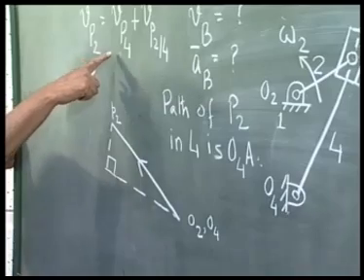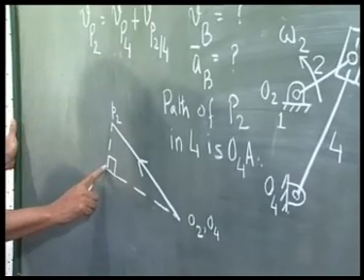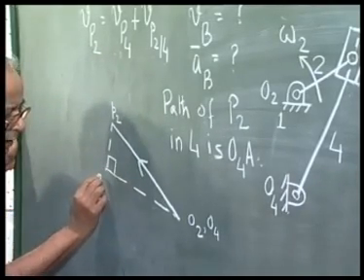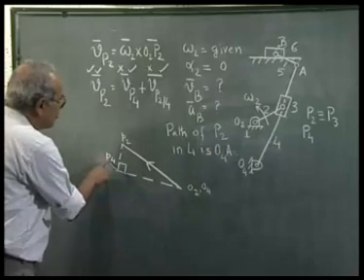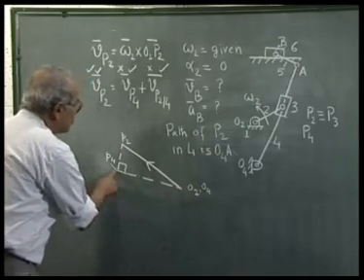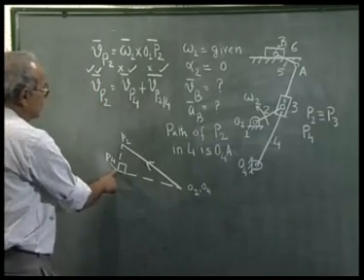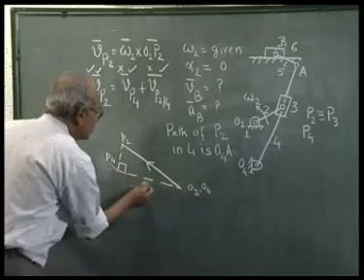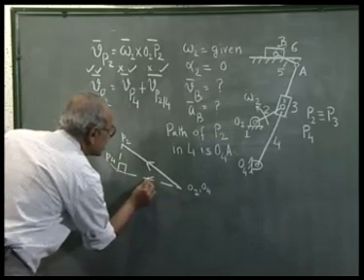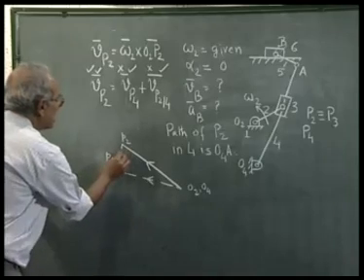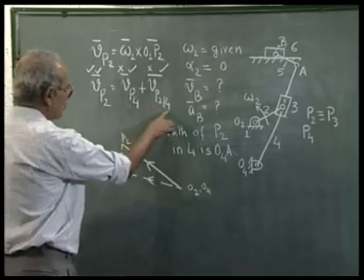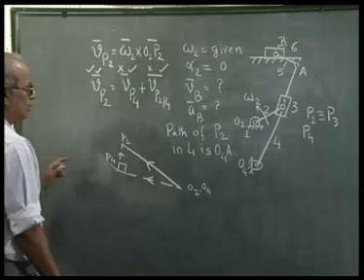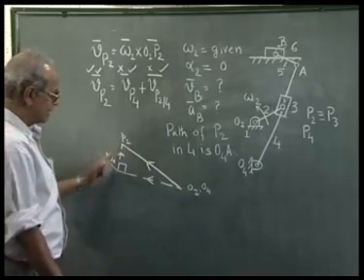So, to satisfy this vector equation, this point must be p4, because o4 p4 represents the velocity Vp4. So, this vector represents Vp4 and this vector p4 p2 represents Vp24. So, we have reached up to this stage of the velocity analysis.